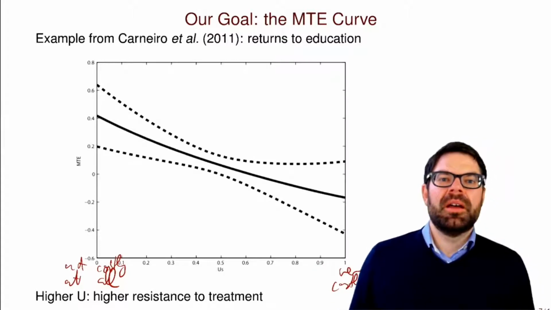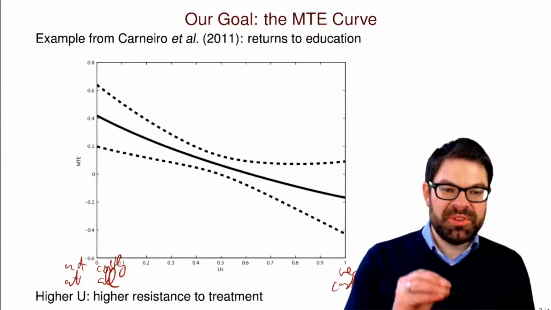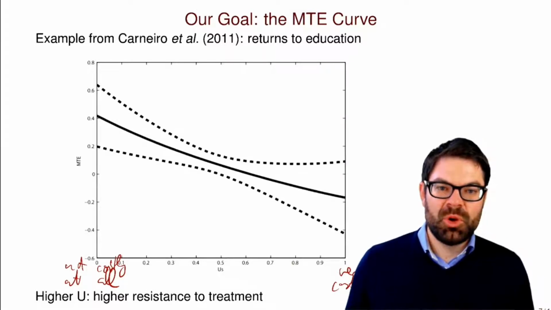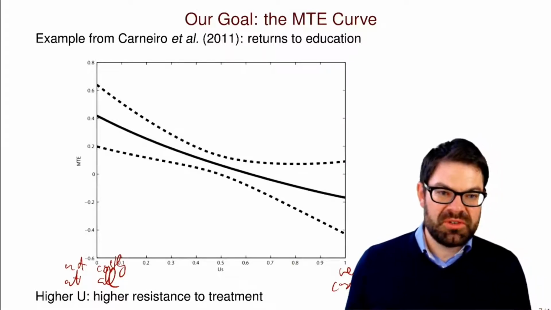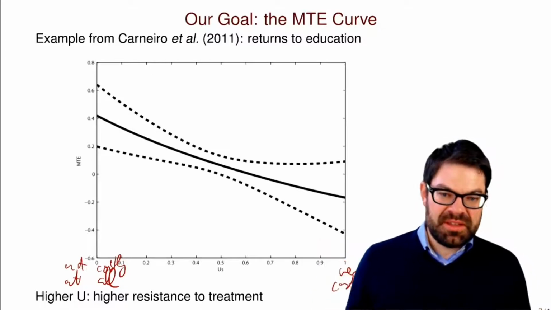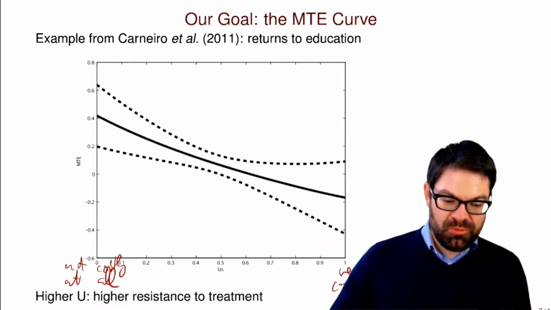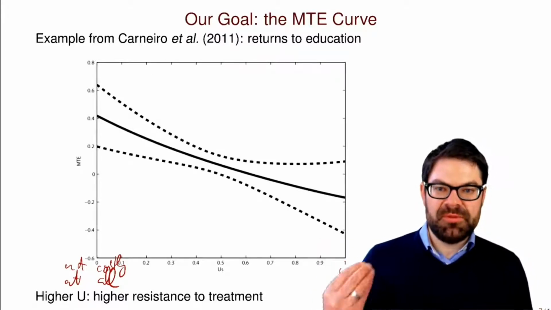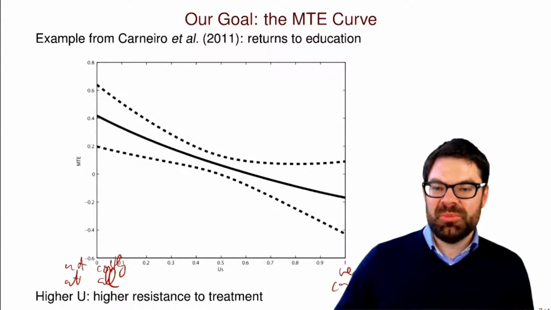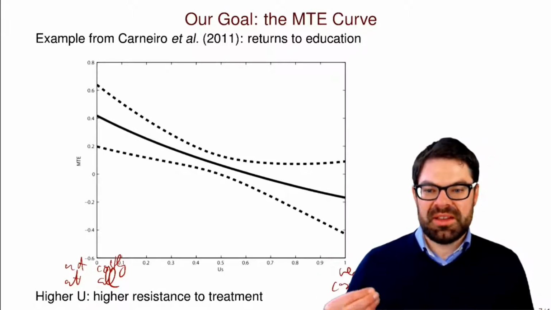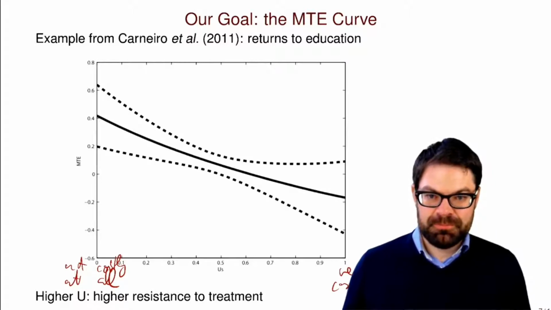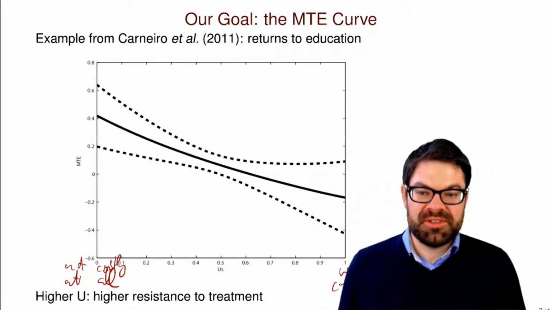And it's those people with the lowest returns who do not select the treatment. So in this case, it shows that for those people for whom education is most beneficial, they are also the people who are most likely to get a higher level degree, whatever the exact education outcome is.